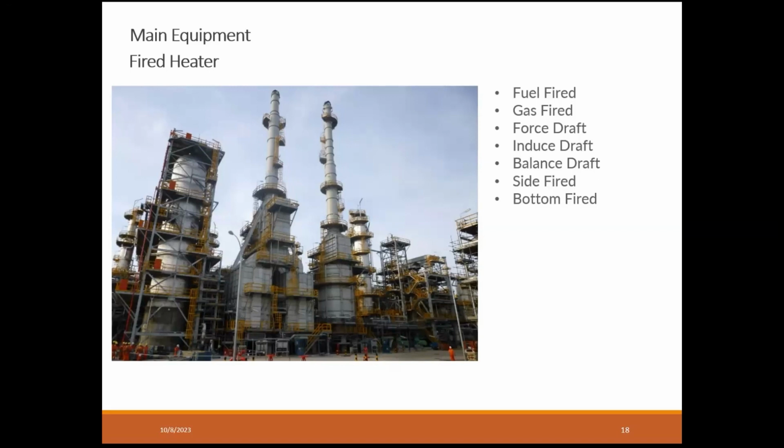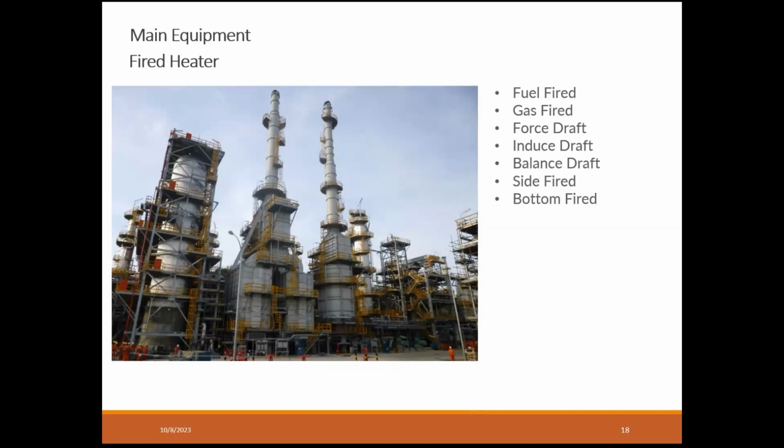Fuel gas can be natural gas mixing with heavier gases or hydrocarbon. So yeah, there's a bit of difference. The difference is only on the burner design and also on the flue gas generated. So I think that should be covered in the design part. I won't get into details on this.